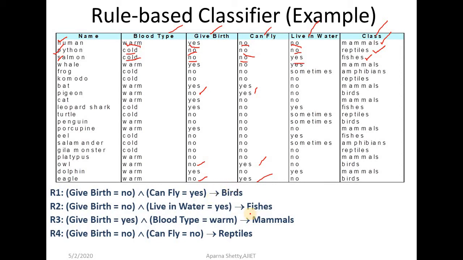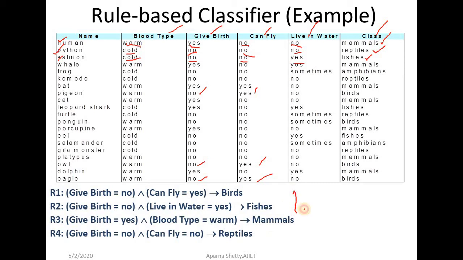Similarly, rule R2 suggests that if gives birth is equal to no and lives in water is equal to yes, then it belongs to class fish. Rule R3 tells us that if gives birth is equal to yes and blood type is equal to warm, then it implies mammals. The last rule R4 says gives birth is equal to no and can fly is equal to no implies reptiles.